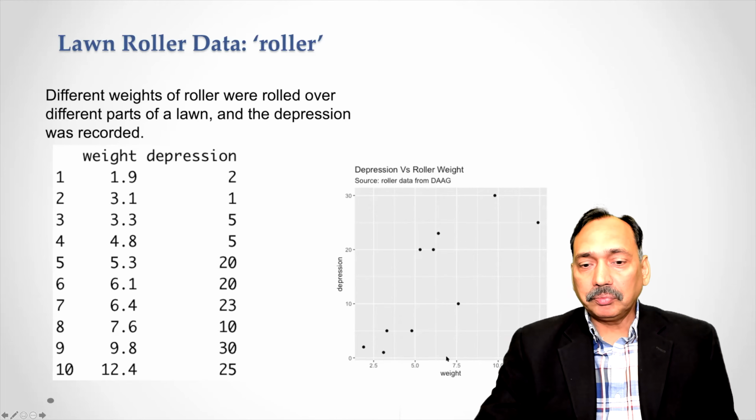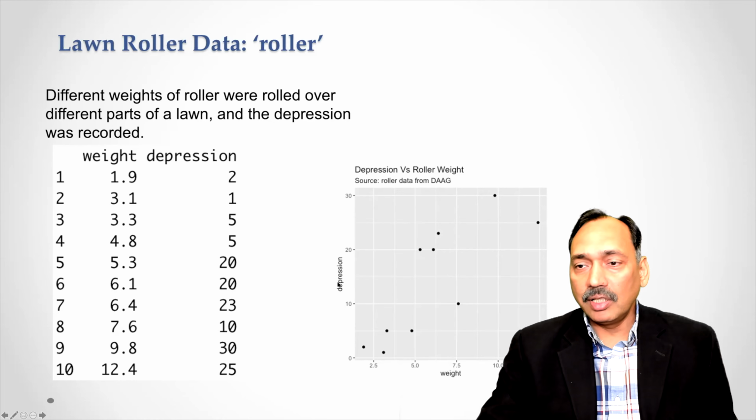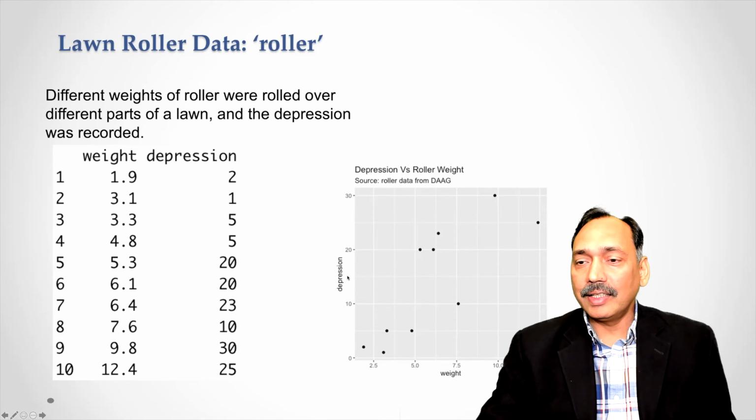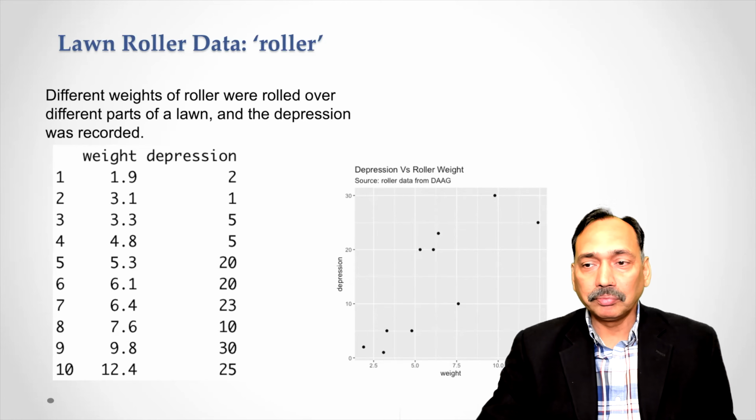Sometimes x variables are also called predictors, and y variables similarly have other names like response or effect. So if x is a cause, then y is the effect of that cause.